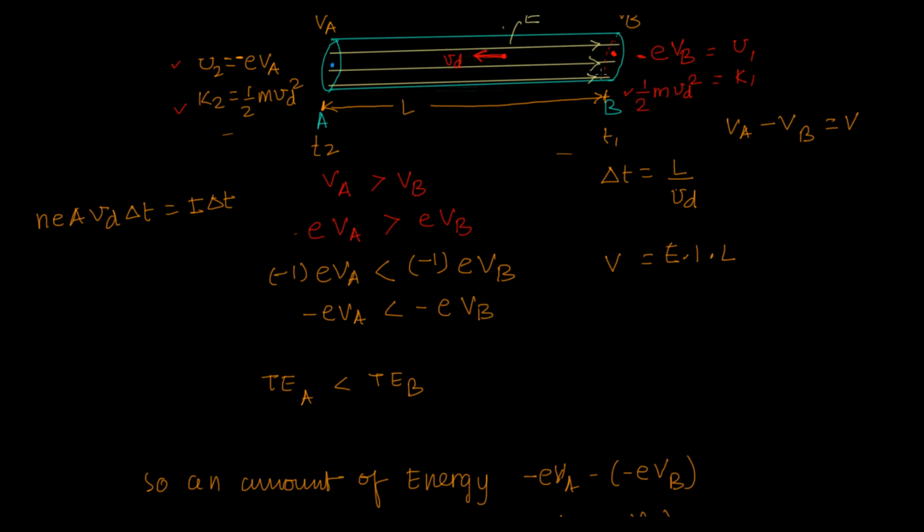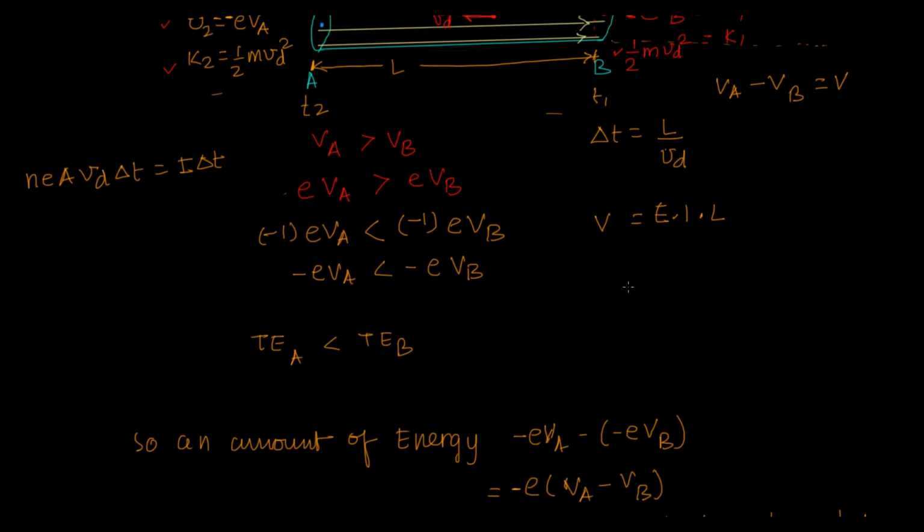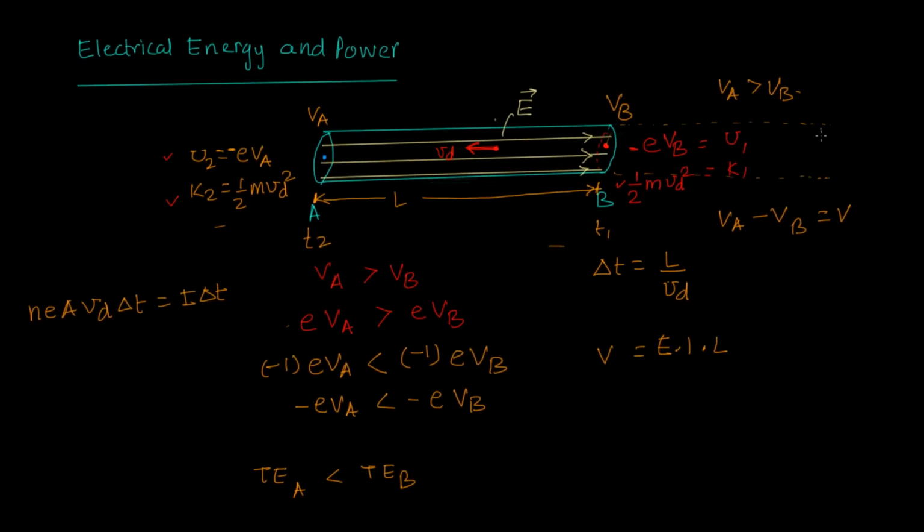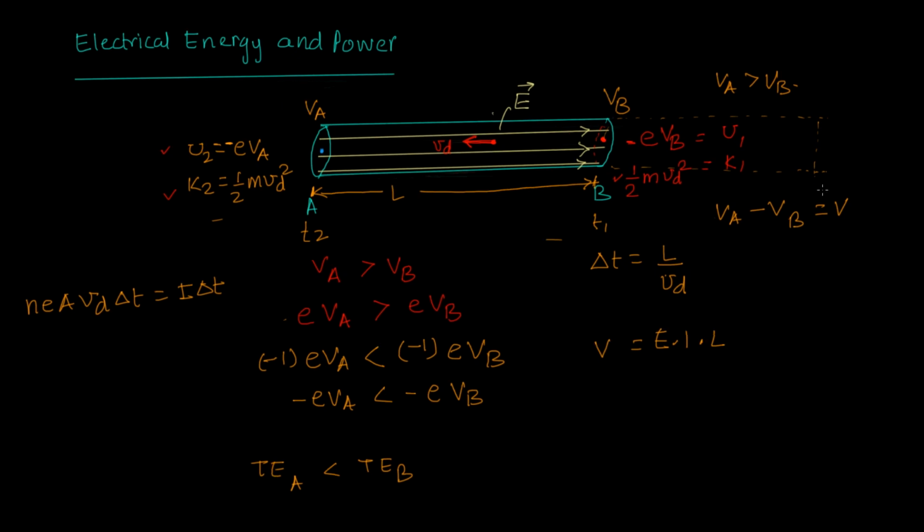In that time, all the electrons that were a distance v_d delta t behind, everything will pass, correct? Those who were here will travel v_d delta t. So everything within the v_d delta t would have traveled.